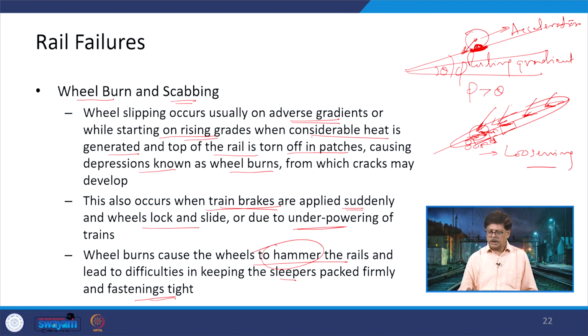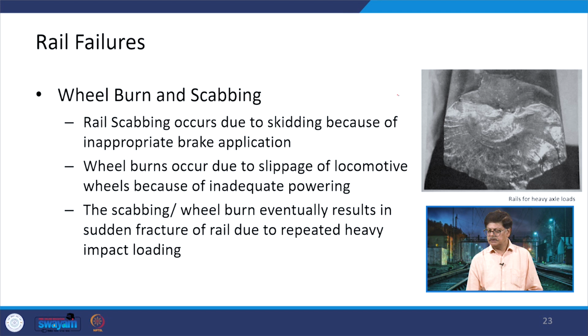The connectivity of the rails will also get hampered. If they are joined with the help of fish plates, then they will also start loosening. So, there is difficulty in keeping everything intact in the tightened condition. Here you can see what type of situation may occur to the rail head when these distresses come.